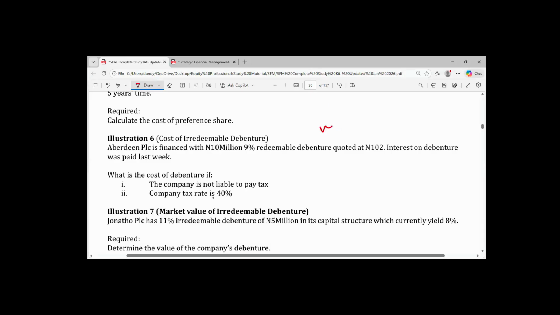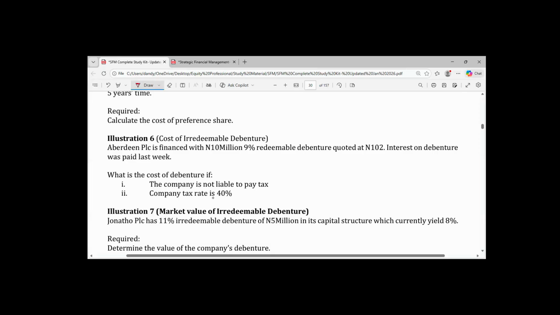Then we moved to discussing our cost of redeemable preference share. And we said redeemable preference share is the kind of preference share whereby the company is expected to pay annual fixed dividend and the principal at the maturity date. And we said that preference share can be redeemed at par, premium, or at a discount.